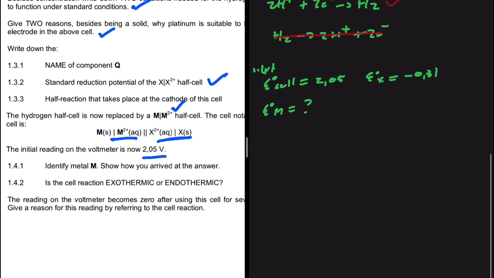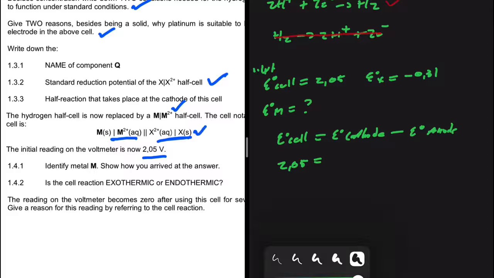So what can we say now? We can say that the EMF of our cell is equal to the reduction potential at the cathode minus the reduction potential at the anode. So 2.05 equals, at the cathode we have X, so that is minus 0.31, minus the reduction potential at the anode.